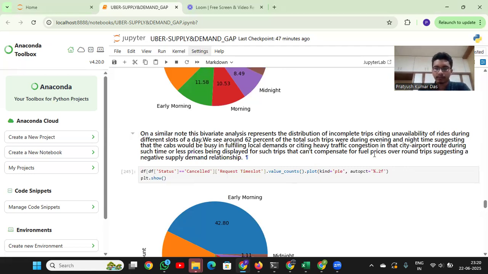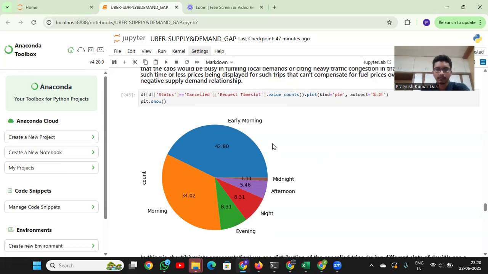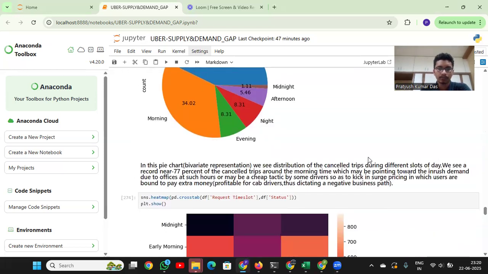So it would be due to the heavy traffic congestion on the city airport road during such time, or low prices being displayed for such trips that cannot compensate for the fuel prices over round trips, suggesting a negative supply demand relationship.